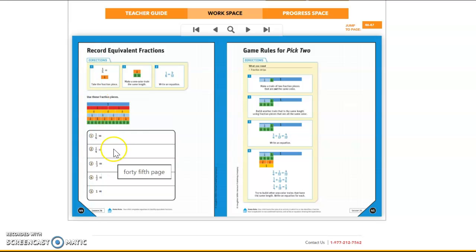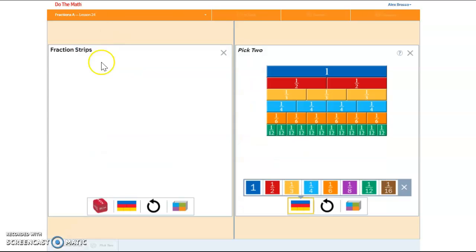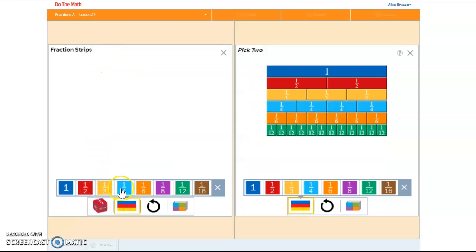Our first fraction that we are going to see what it's equivalent to is 1/6. So I'm going to pull up a 1/6 strip, and then we are going to look and see, is 1/2 equivalent to 1/6? No. Is 1/3? No. Remember, the bigger the number, the smaller the fraction. So I'm going to start with 1/12.